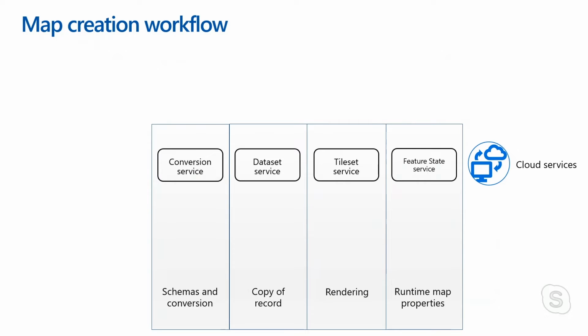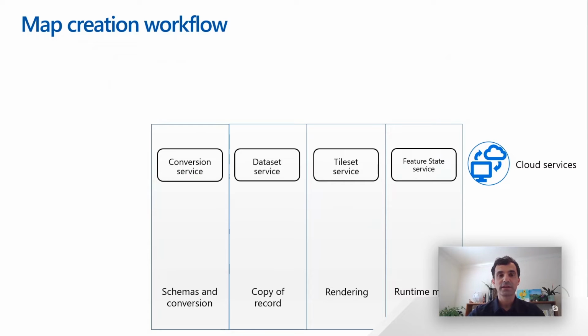Dataset is our copy of record through which you can keep maintaining the data over time, make sure it's always reflecting the state of play, and out of which you can then create optimized data products such as Tile Service and Feature State Service, which are for rendering the reference data as well as rendering properties that are delivered at runtime. And those are basically all new features that play an important role in the ingestion workflow.